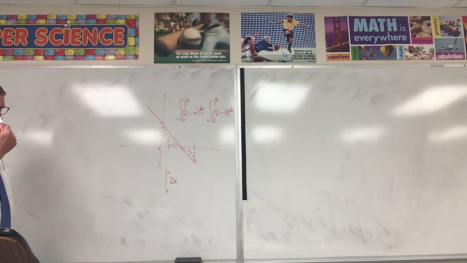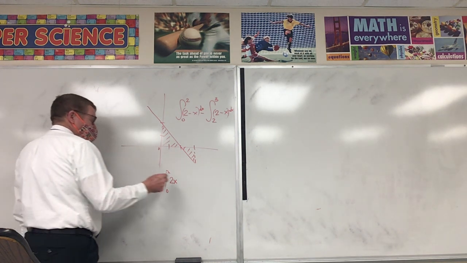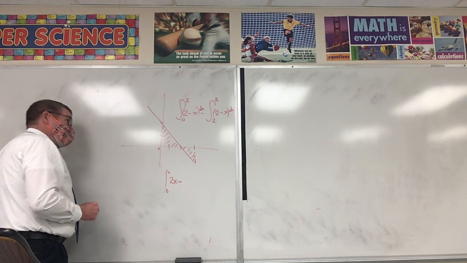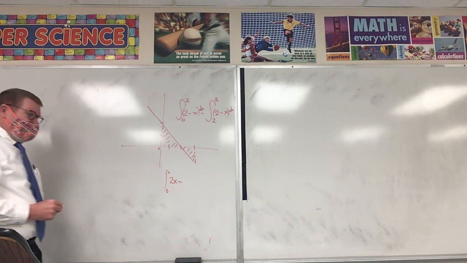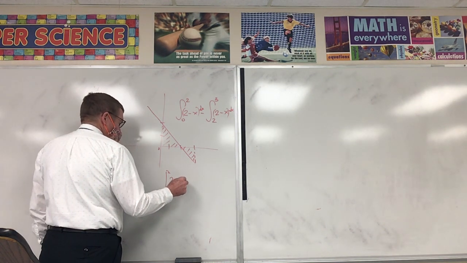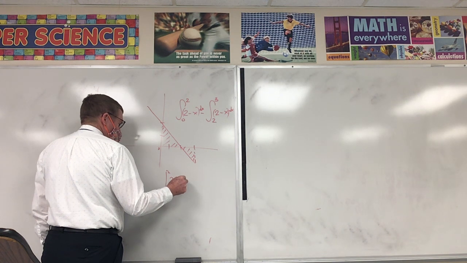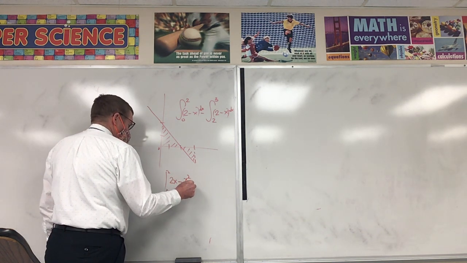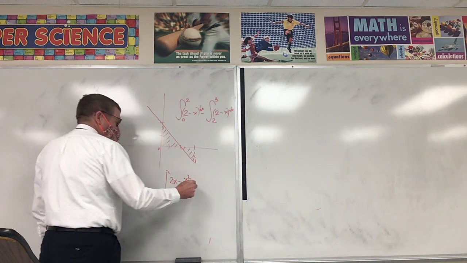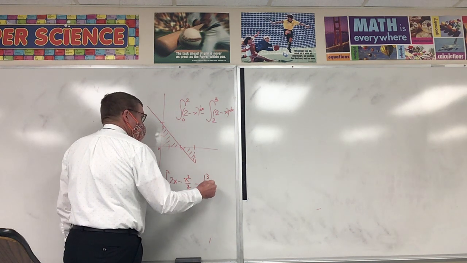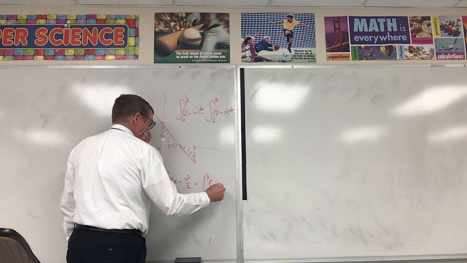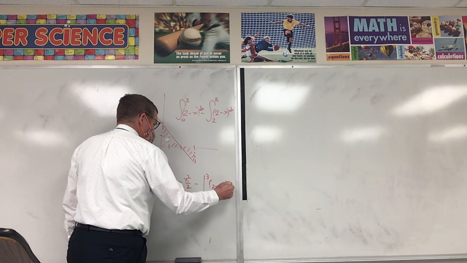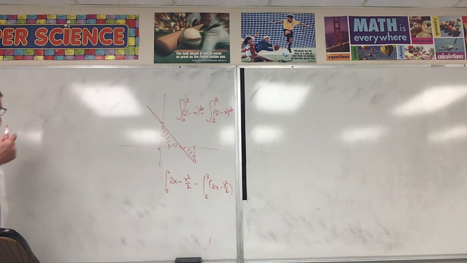The antiderivative of 2 is 2x, minus the antiderivative of x, which is x squared over 2. One nice thing is that you get the same function, so it's the same antiderivative.